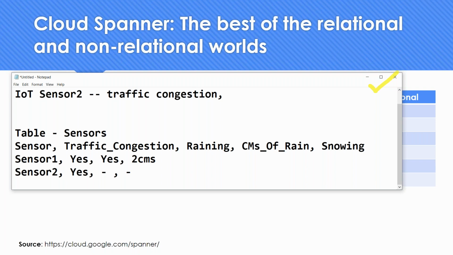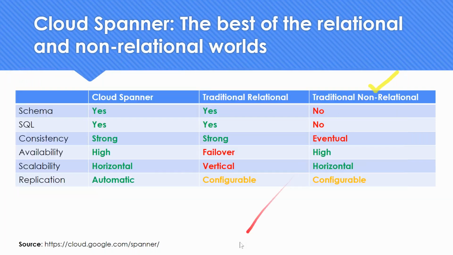So for this kind of thing on the fly, if you wanted to change the schema, the best bet is always to go with something called a NoSQL database, where you don't have a strict schema. You want to add a new column, change the schema of your table. That's where a non-relational database, a NoSQL database, comes very, very handy.